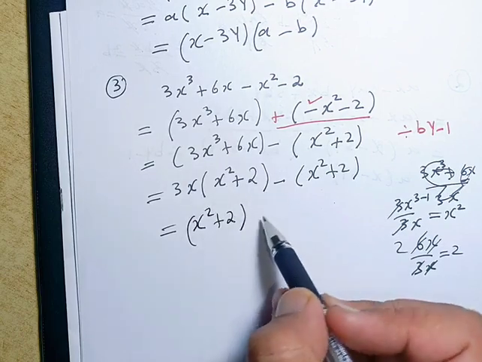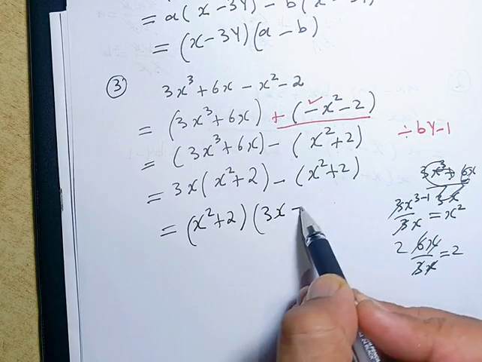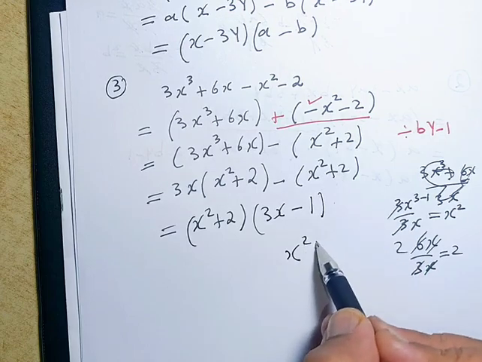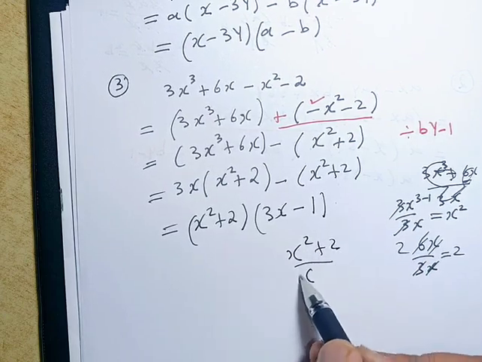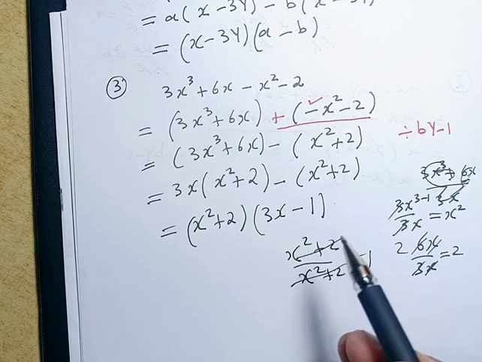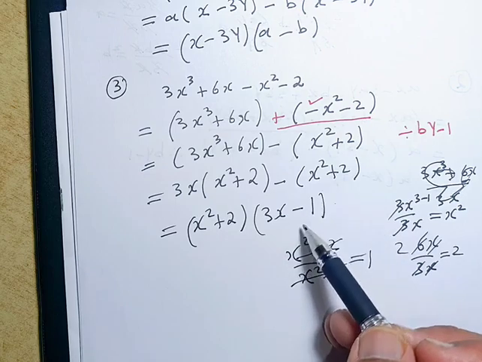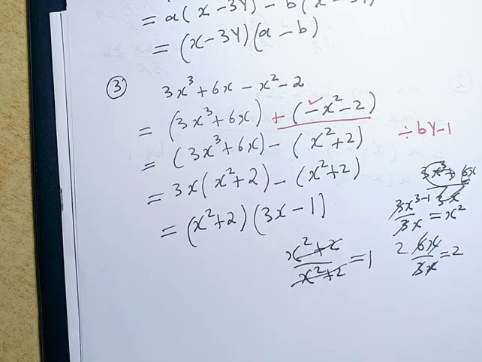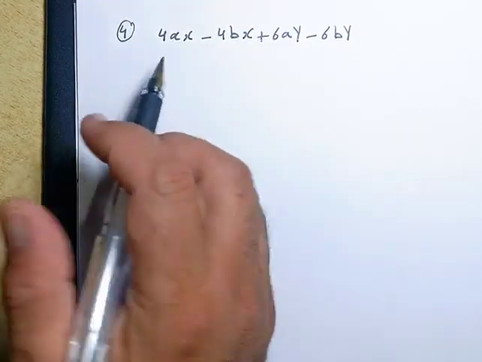So this is out, what is left there? 3x minus, this is out, what is left there? Only 1, because if you divide x^2 + 2 by x^2 + 2, all cancels, and the answer is only 1. So that's why this is my final answer: (x^2 + 2)(3x - 1).